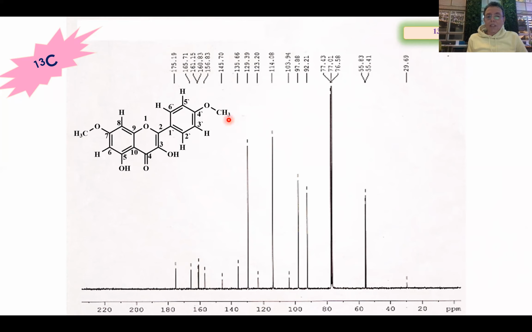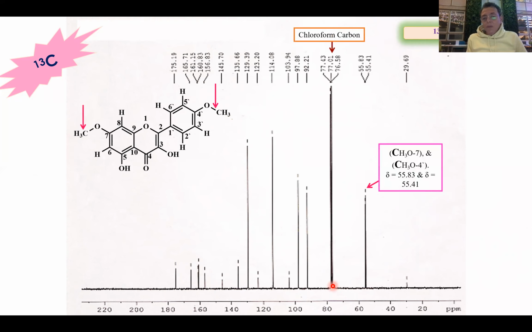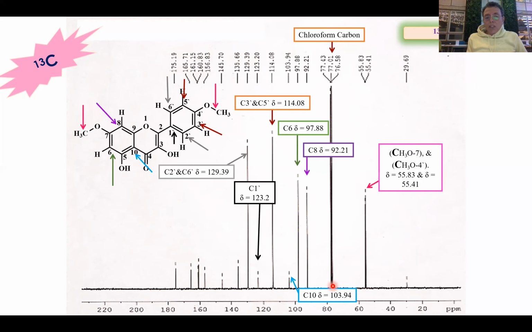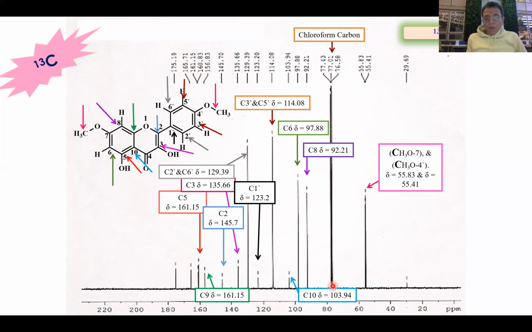We have only one aliphatic carbon, which is the methoxy attached to the aromatic ring, and you will see it at 55. And here is chloroform. Then it starts with the aromatic carbons carried by hydrogen, carbon 8, carbon 6, then 3' and 5', C10, C1', and 2', 6', carbon 3, carbon number 9, carbon number 2, carbon number 5, carbon 4', carbon 7, and the carbonyl group.